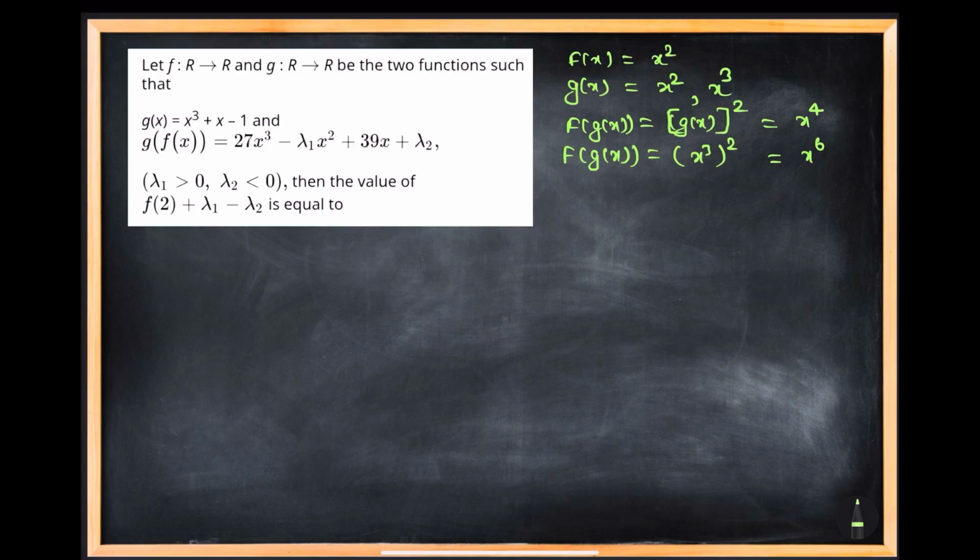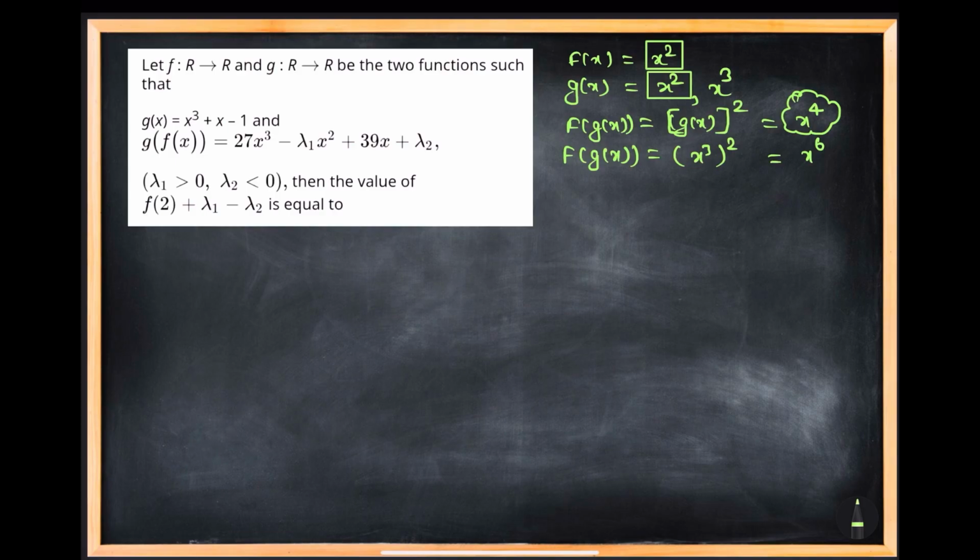Now I will tell you something which you have to understand with better clarity. Suppose that f of x is a 2-degree polynomial, g of x is a 2-degree polynomial, then f of g of x will become a 4-degree polynomial. So can you establish a relationship between the degrees of the polynomials?